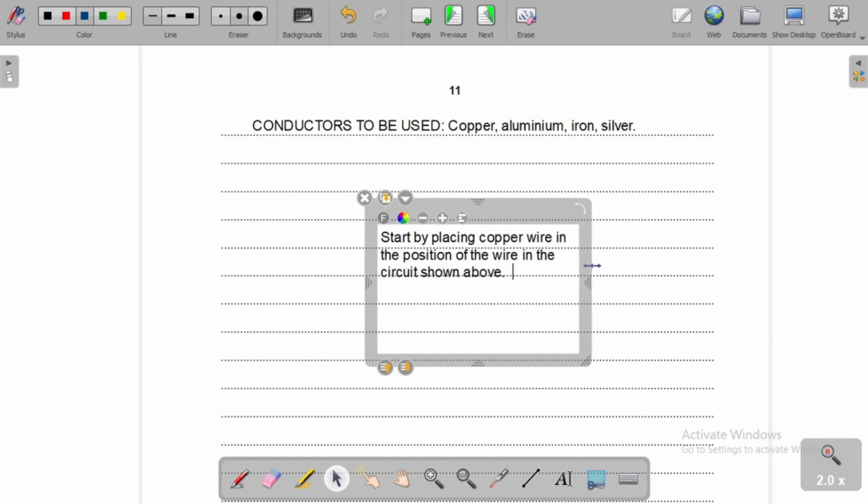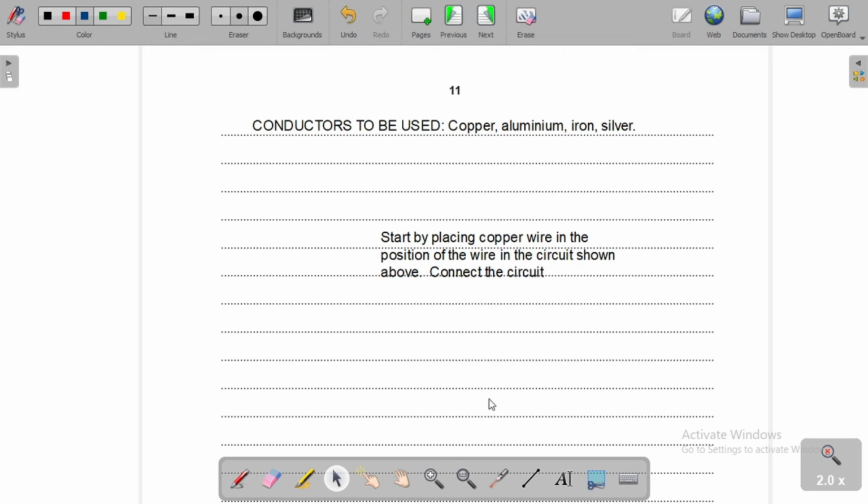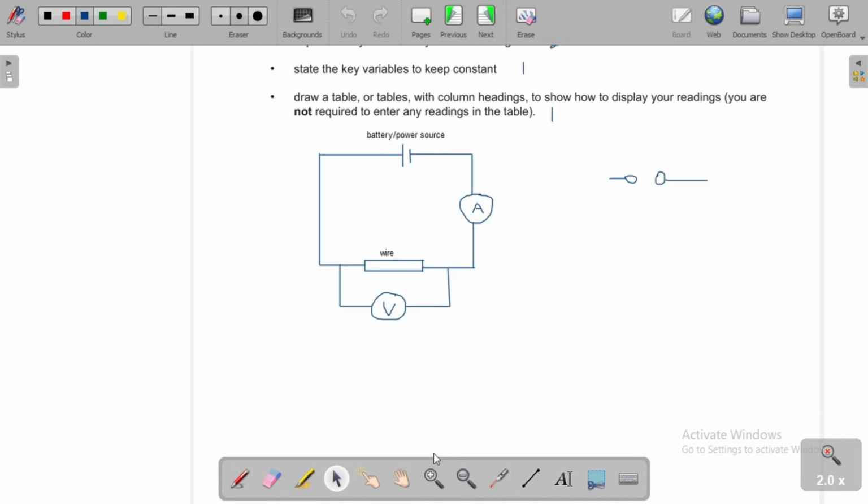Let me extend it. Connect the circuit, and please let me tell you this, it is not bad if you also put a key here.